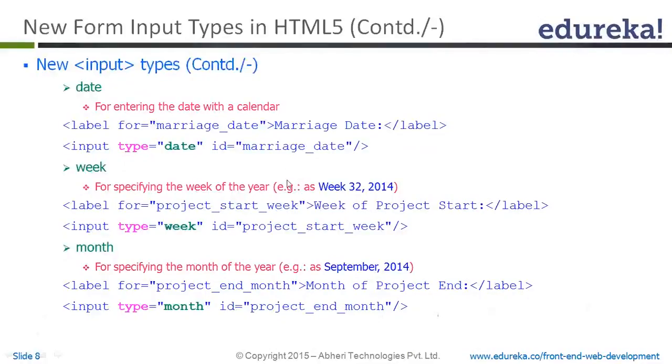The browser will display different controls to accept different input. For example, in the case of a week it will be shown like this: week 32, 2004. September 2014 is for the month.